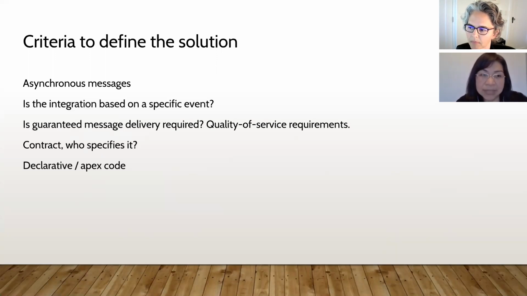And something important is if our quality of service requirements say the message has to be guaranteed to have been delivered in the remote system. We also have to take into account who specifies the contract between the two systems. If Salesforce is allowed to define the contract, or we have to stick to a contract that the other system already has defined before. And if we are going to use declarative or Apex code on the Salesforce side.